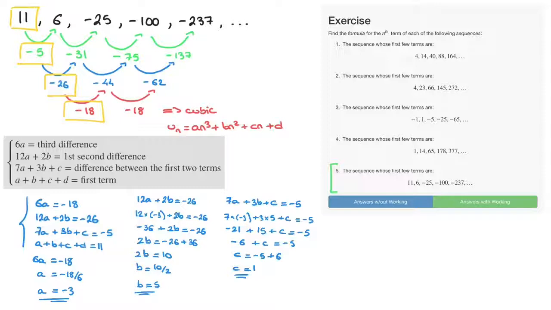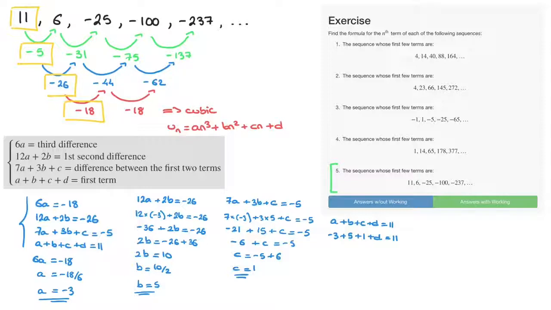Now that we know the value of c, we can move on to the fourth and final equation, which was a plus b plus c plus d equals 11. That was the first term. Now we know a is negative 3 and b is 5 and c is 1, so this turns into negative 3 plus 5 plus 1 plus d equals 11.